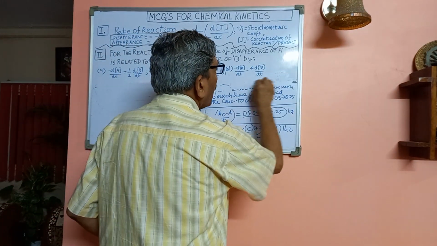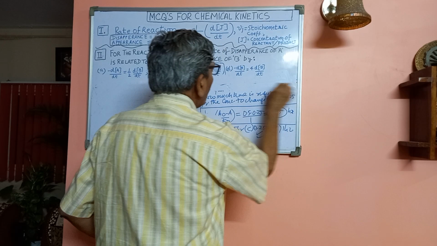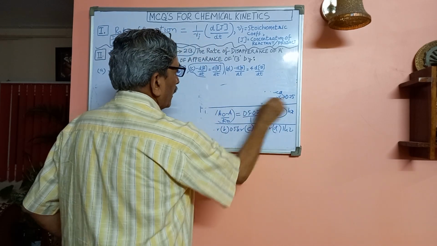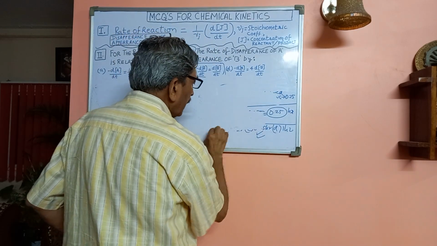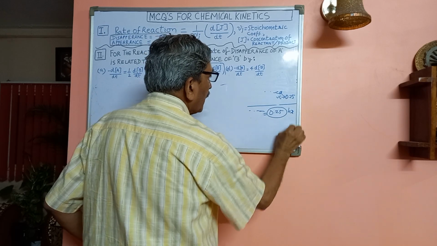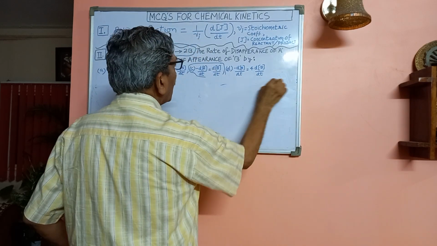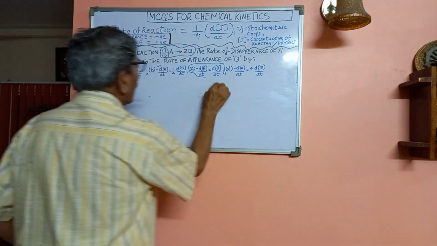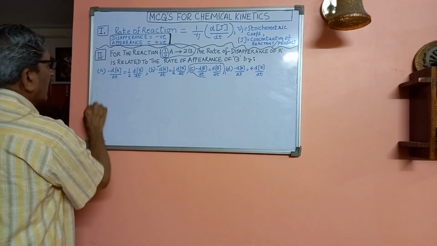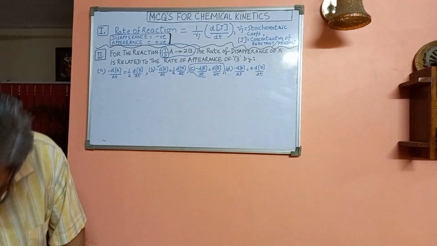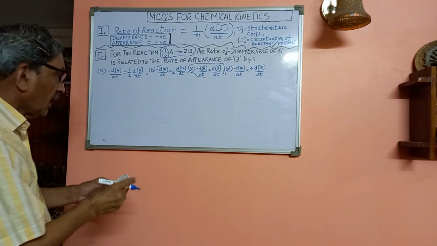You can now take up the example of a first order reaction. So we have a reaction in which t half is given and the order of the reaction has been given, which is first order. Let us see what the question is asking.